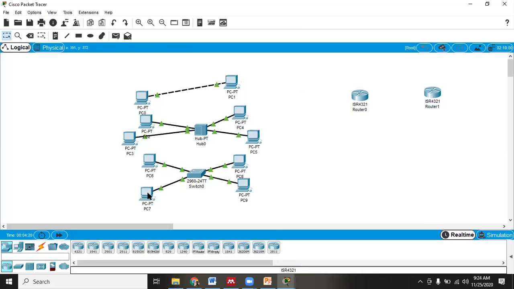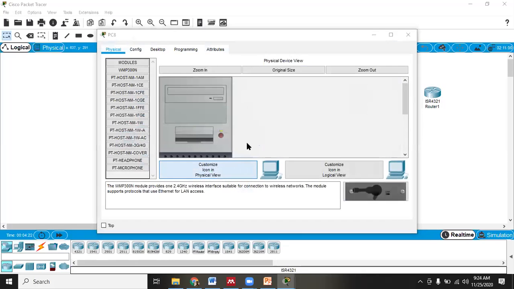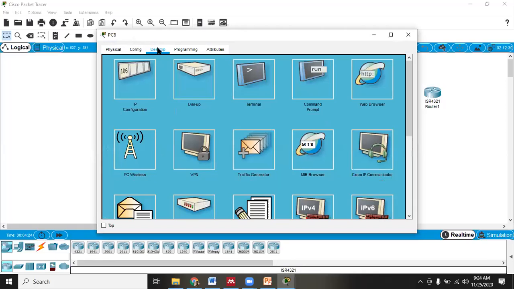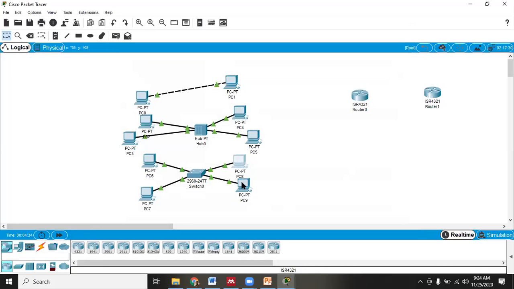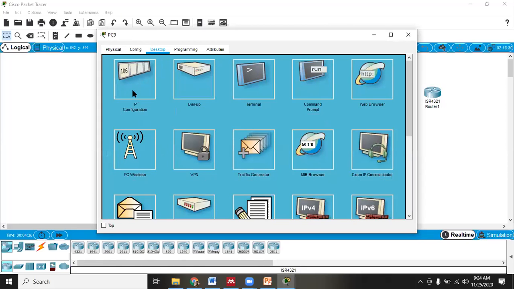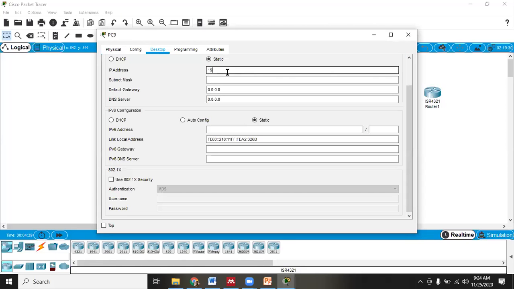So here I have given an IP address of 10, and now on the other end, I will give an IP address of class C, suppose, and class C ranges in 192.168.1.1, where the subnet mask is 255.255.255.0, right? Similarly, for this one, I have taken a class C 192.168.1.2 and a subnet mask of 255.255.255.0.